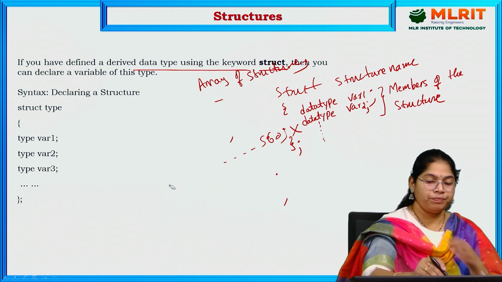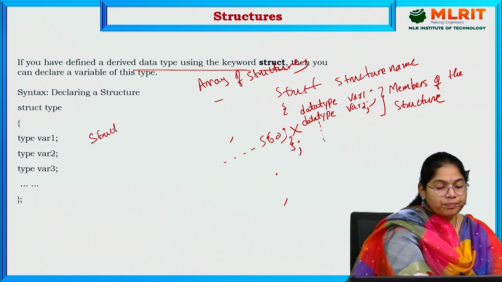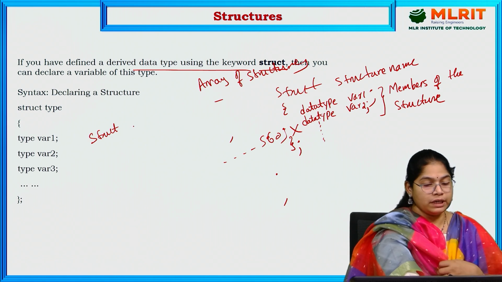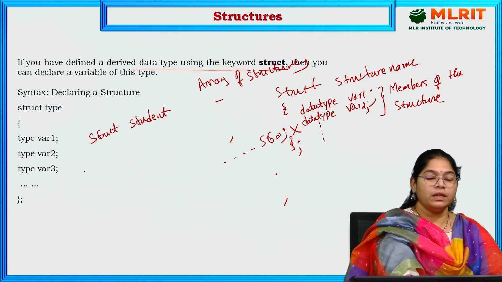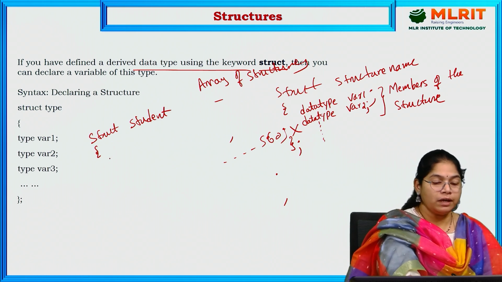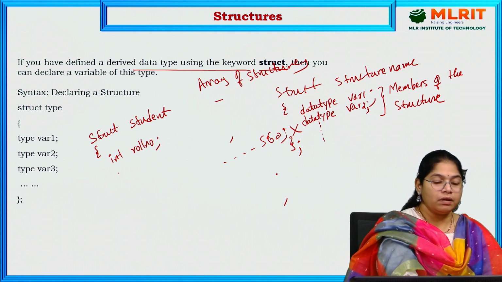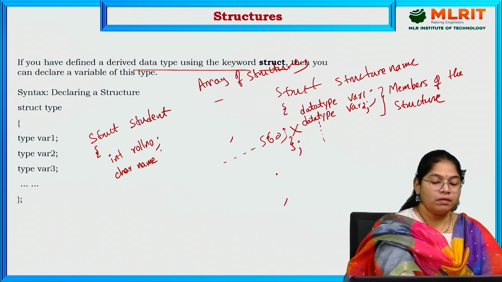I want the details of a student, so struct student. Here I am writing the details of a student: a roll number, then the name of the student, which is a character array.